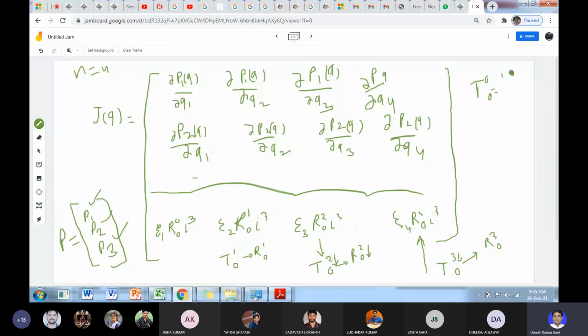So here the identity matrix, of order 3 by 3, R00, this is the R00, so this will be equal to 1, 0, 0, 0, 1, 0, 0, 0, 1, and this is okay.